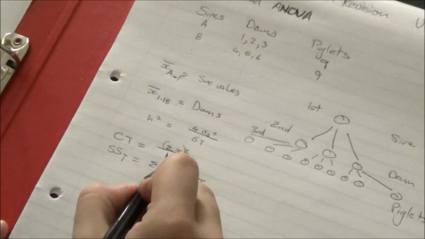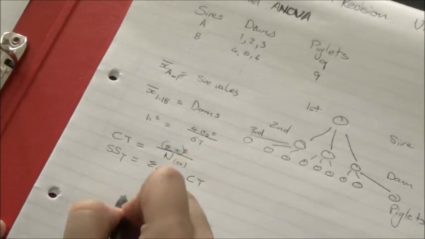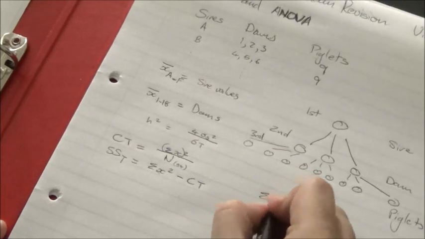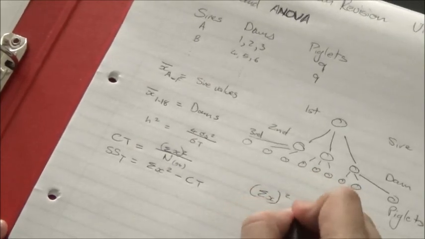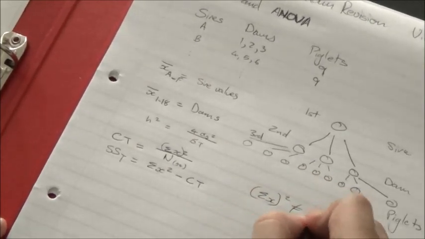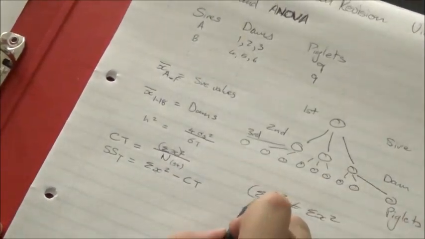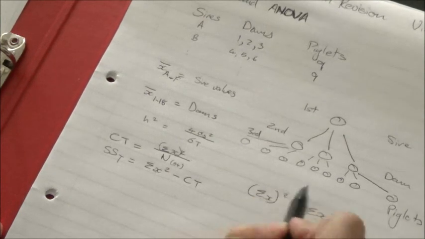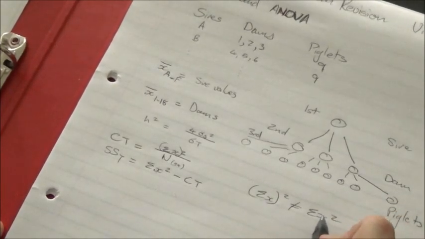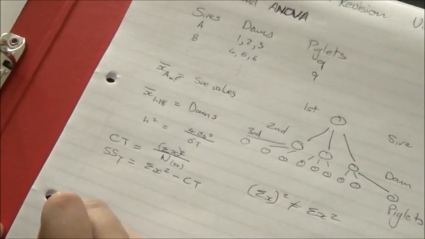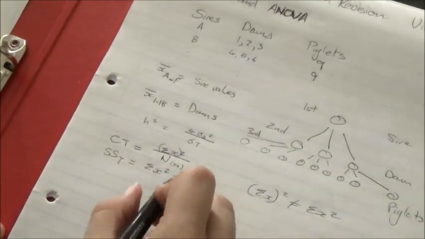Now, it is very important that you don't get muddled up between these two values. This and this, they are not the same value. Here, you add up all the phenotypic values, then you square it. Here, you take each phenotypic value, you square it, and then you add them all up together. So that's what you're doing here.